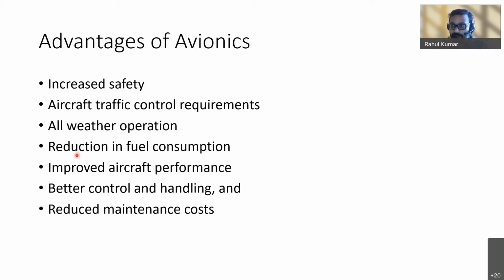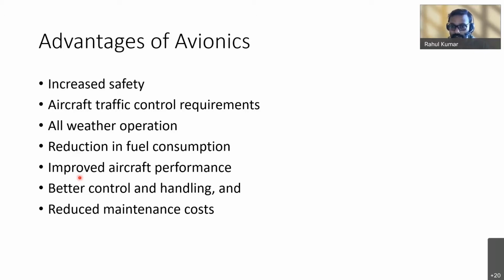Reduction in fuel consumption. Again, there are systems to monitor the engine performance, and they also monitor the fuel consumption. So it optimizes and reduces the fuel consumption as well.